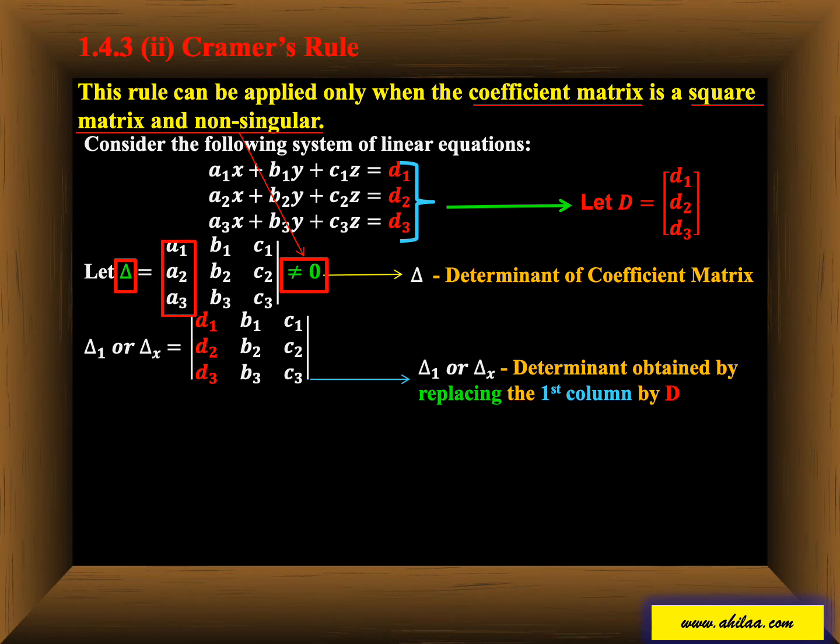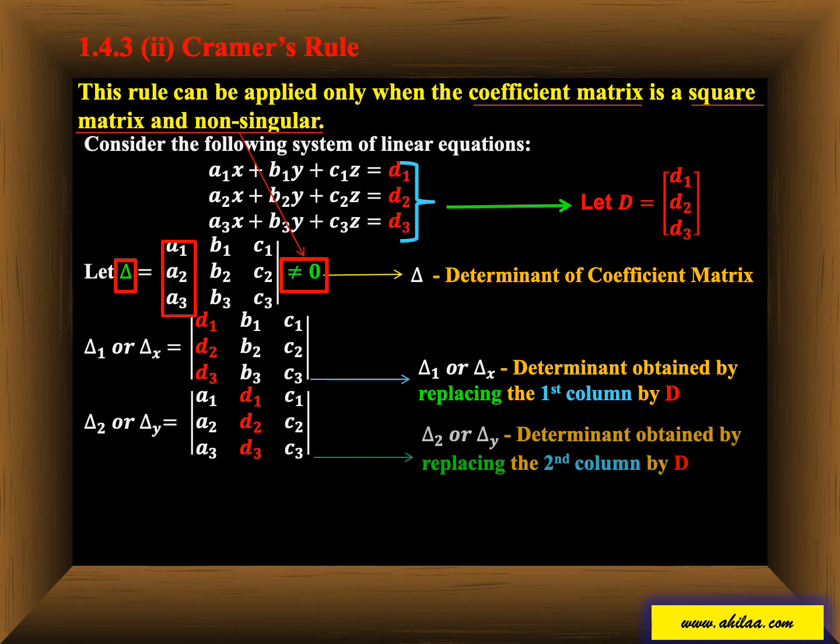Similarly, you can go for delta 2 or delta y, because here we have considered the variables as x, y, z. I have named it as delta y. So, delta y or delta 2 equal to, similarly, what is the change? The second column is replaced by capital D. So, first column a1, a2, a3.